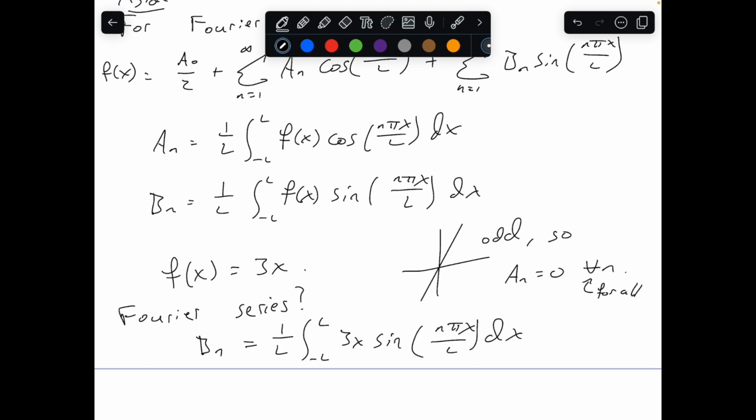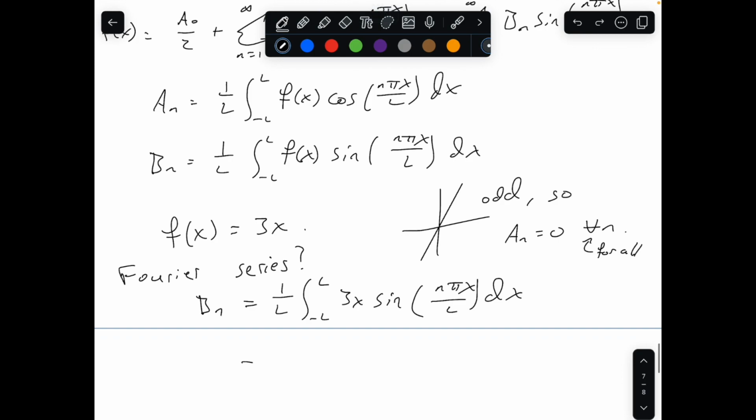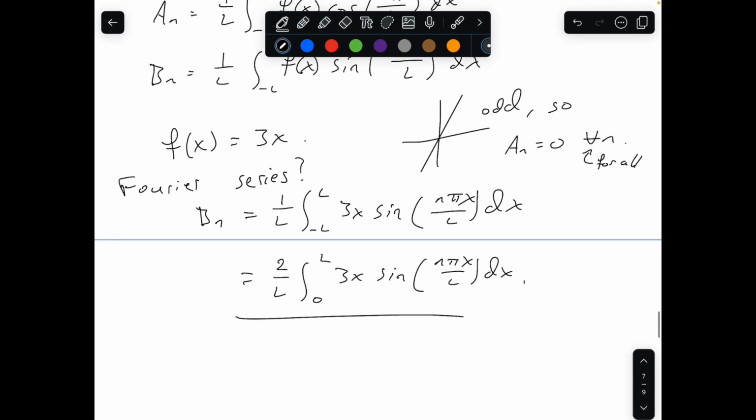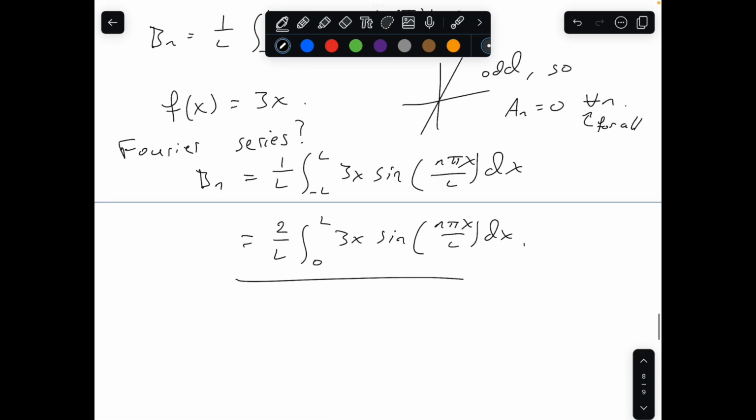Right? And then furthermore, because it's odd, this would be equal to 2 over L times the integral from 0 to L of 3x sine of n pi x over L dx. And so you can shorten that work by a lot by doing this.